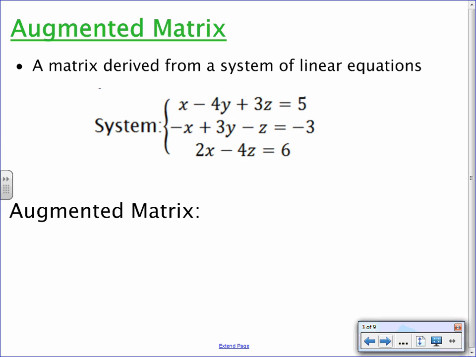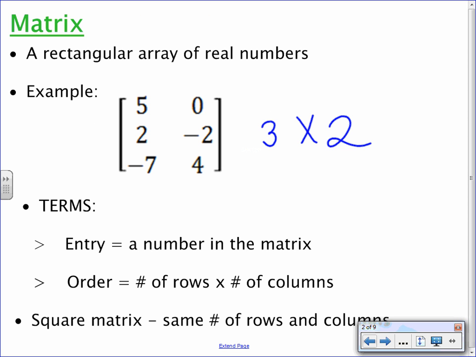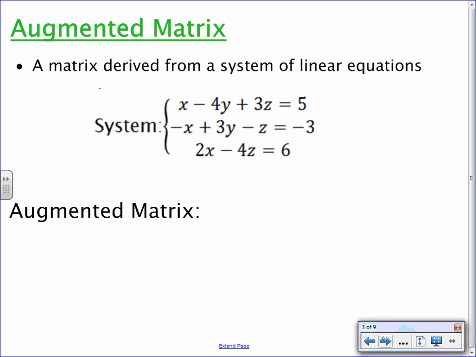I'm going to flip back very quickly. If we go back to this matrix right here, you notice that it's just numbers, correct? An augmented matrix is going to have something special. Since we're talking about a system of equations, we have these equal signs. So our augmented matrix is going to look like this. It has just numbers, no variables.